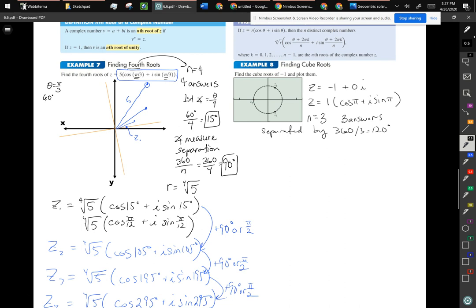And the starting angle, or first angle, well, we know that that's pi divided by 3, or 180 divided by 3, or 60 degrees, right?